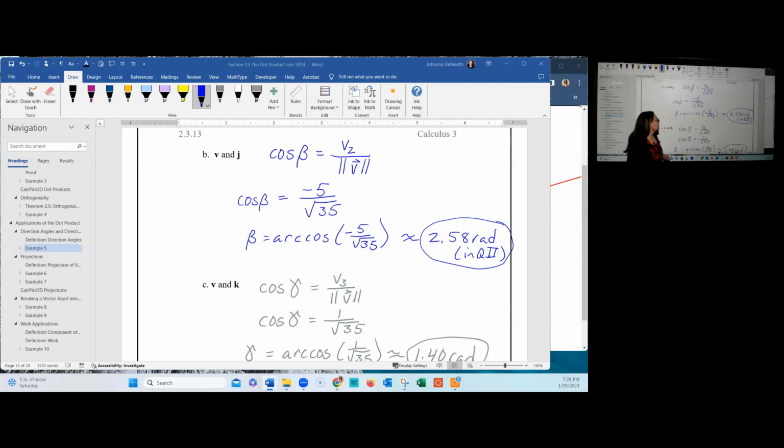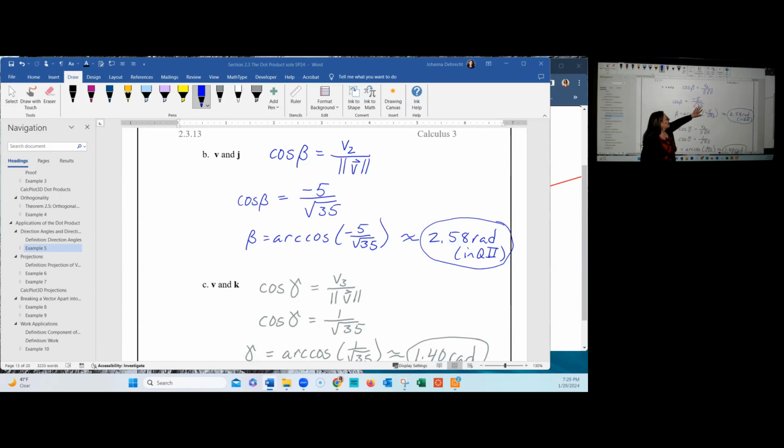So let's compare. To find the direction angle beta, which is between the vector and the y-axis, we first find the direction cosine. Now, because of the definition, we know that with dotting it with J, we're only going to get the middle component V2 divided by the magnitude of V, because the magnitude of J is 1.